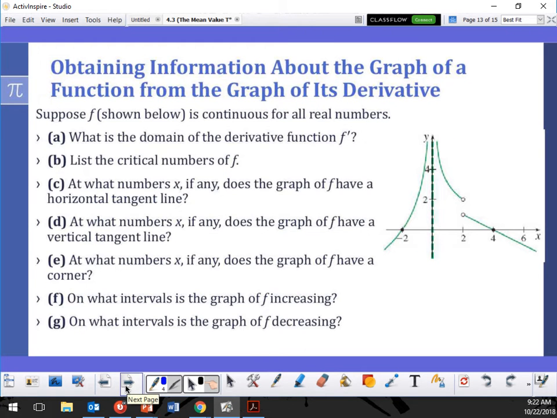Domain of this function. What would be the domain of this function? Where would it start? Read from left to right. Negative infinity to 0. How am I closing 0? Open. Okay. What goes on the other side of that? What's got to go next?